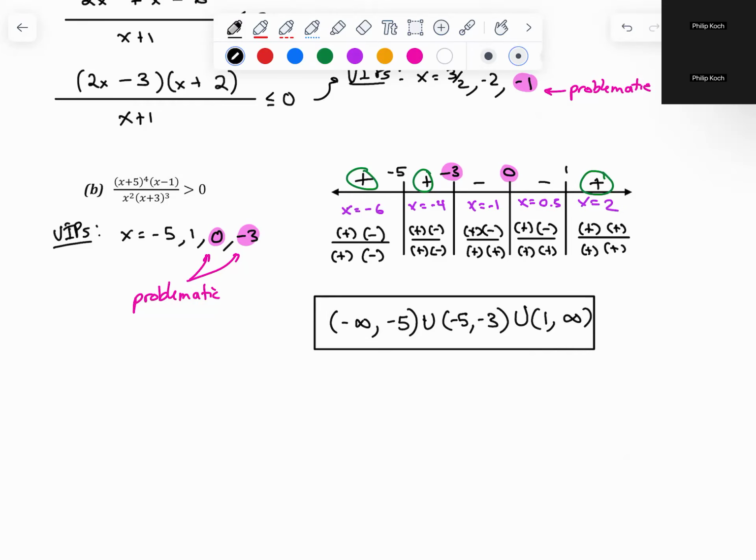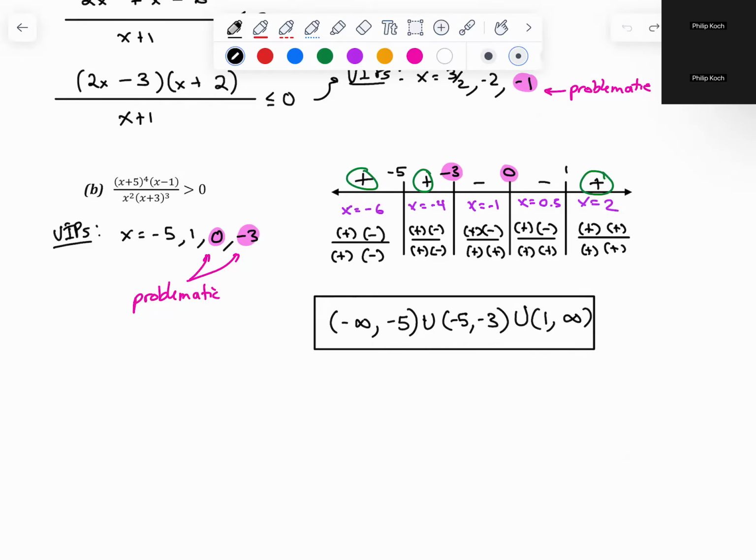Okay? Ariel, yes. We never joined the, what was it again? The union. The unions when it's strict inequalities, right? We only do it when it's the non-strict ones. Exactly right. So these two right here cannot be combined because -5 is not included in either of the pieces.